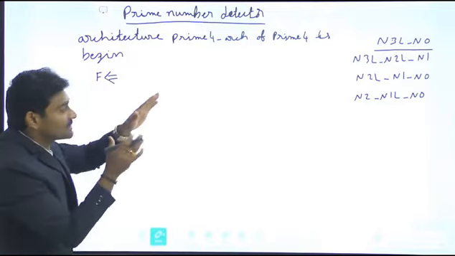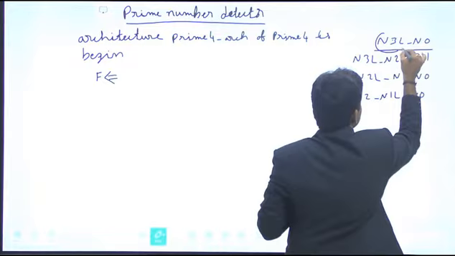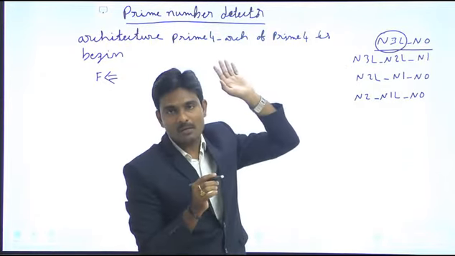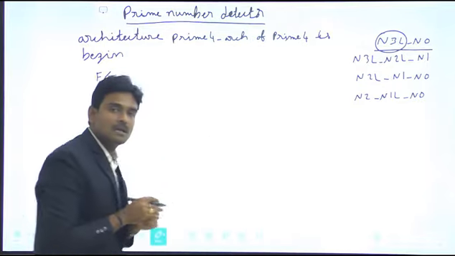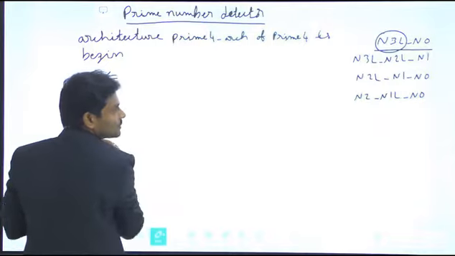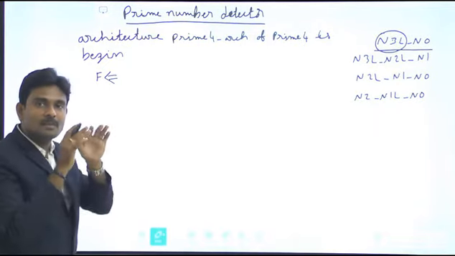I am not going to mention that signal, but with respect to inputs it is nothing but first performing the NOT of N3, then AND with N0. That is the first OR gate input. According to that, I am going to represent this F with respect to inputs.